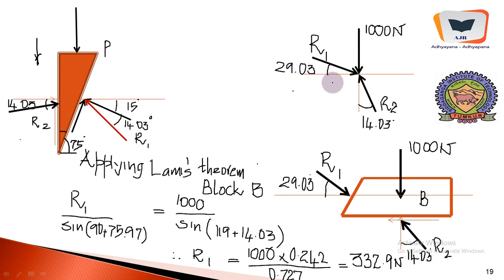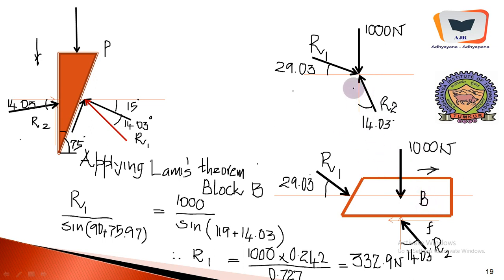That is translated over here. Look at the frictional force, because this block is moving this way. It's very important. Therefore this is the frictional force, this is the normal reaction, and this is the resultant reaction, which is inclined at the angle of friction, and this is R1. This is 1000 Newton, the load to be supported by this block.